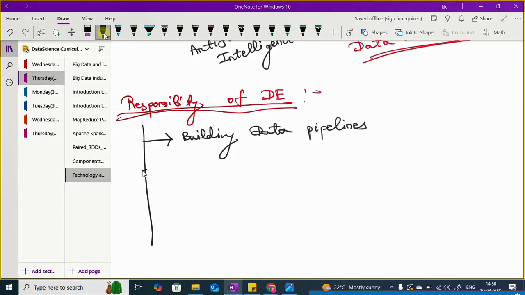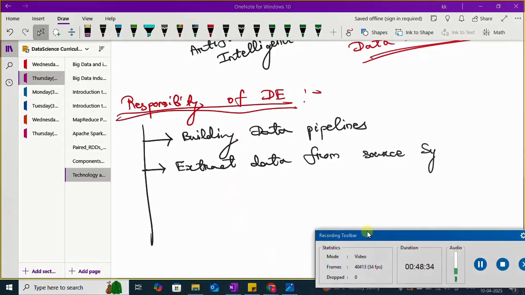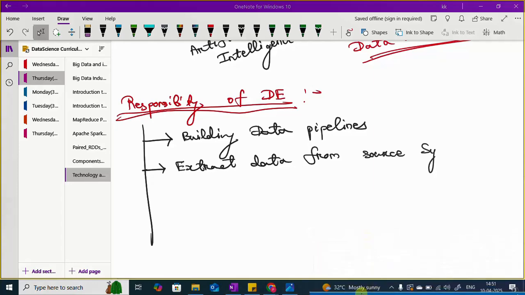By using the data pipeline, they have to extract data from source system. Guys, clear? Source system.